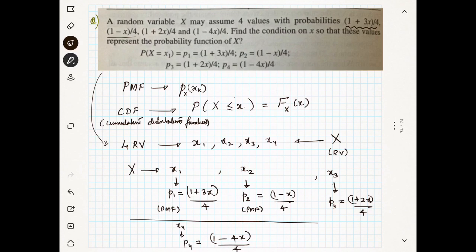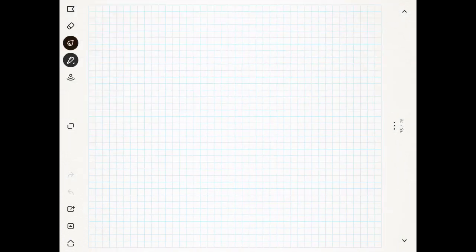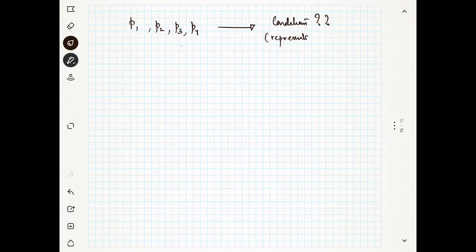Now the question is, find the condition on x so that these values represent a probability function of x. That means we have p1, p2, p3, and p4. What is the condition so that all these represent the probability mass function?